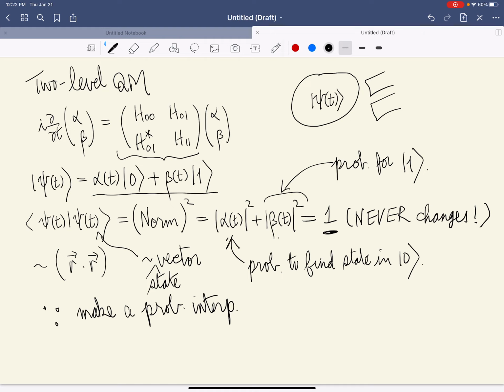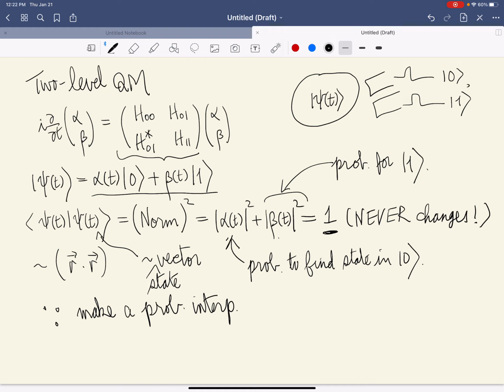I draw these measurement apparatus in this blunt form because it doesn't really matter what kind of measurement apparatus I'm using. All I care about is the fact that this particular device has the ability to give out some signal if the state happens to be in the zero state, and a second device has the ability to give a signal only if the state happens to be in the state 1.